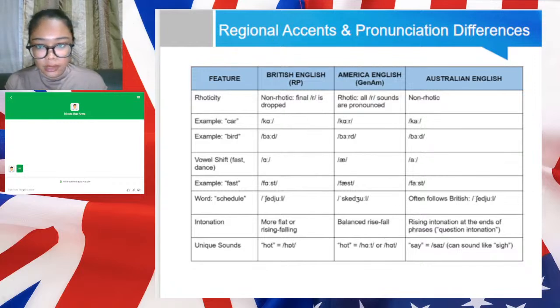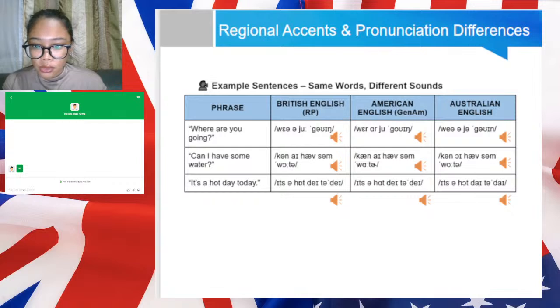All right. Let's move on to some example sentences. They have the same words but different sounds. Let's try to hear the accent differences in action. This table gives us a few common phrases and shows how they might be pronounced in British RP, American General English, and Australian English.